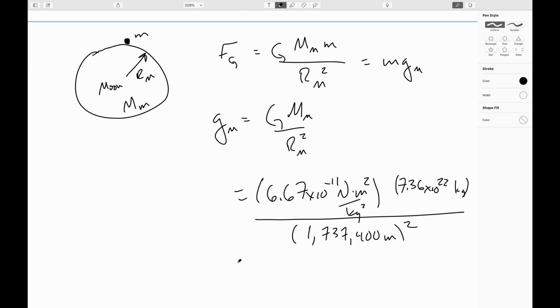Squared, crunch that all through, and you will get 1.622 newtons per kilogram, about a sixth of what g on the surface of the Earth is.